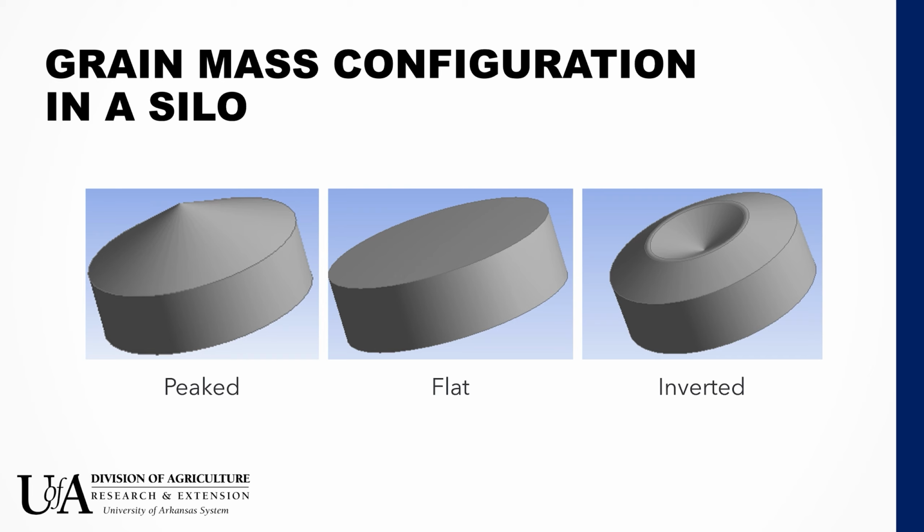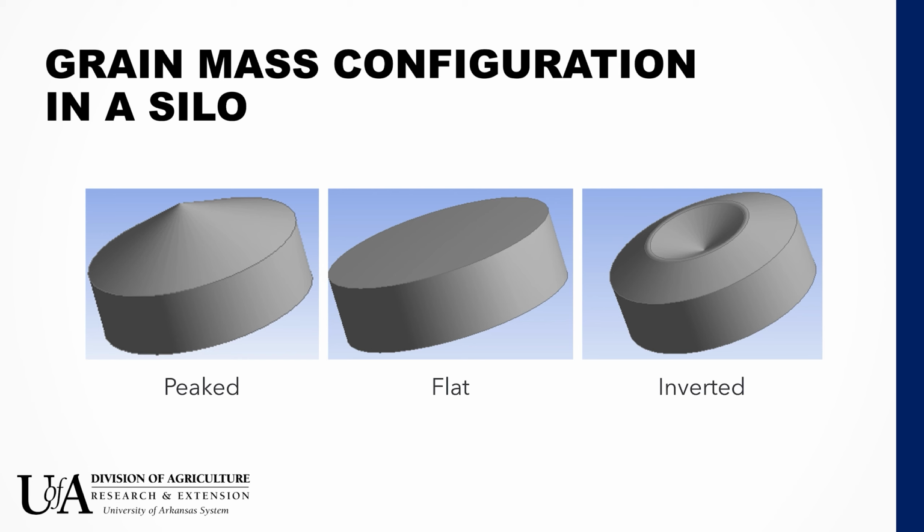It will tend to form that conical shape as we fill the bin. When we remove the rice out of that bin, on the other hand, it also forms another conical shape configuration, but in an inverted manner.